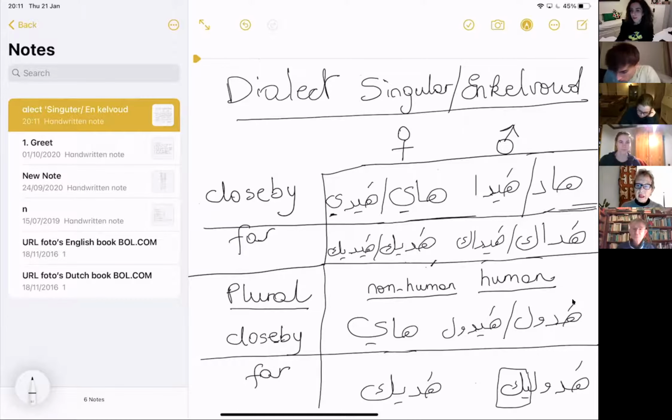Again, same pattern. Notice all the ones that are for the far, there is a kaf at the end: هداك, هديك, هدوليك, هديك. The ones that are close by, there's no kaf at the end.